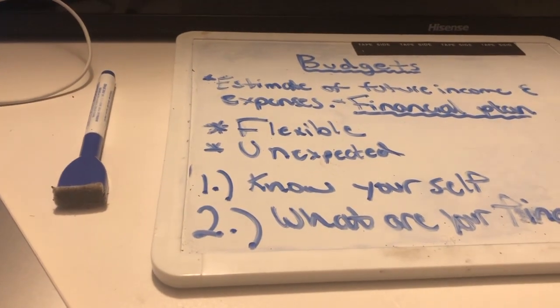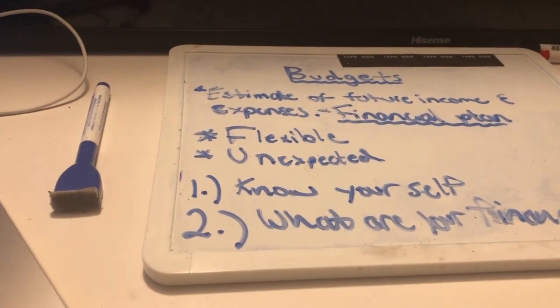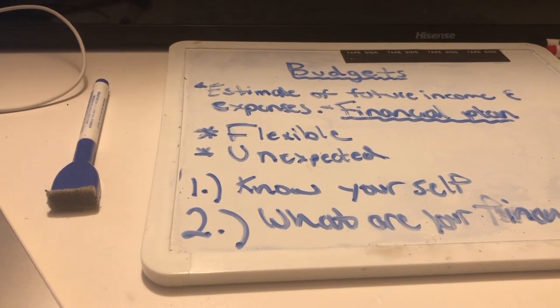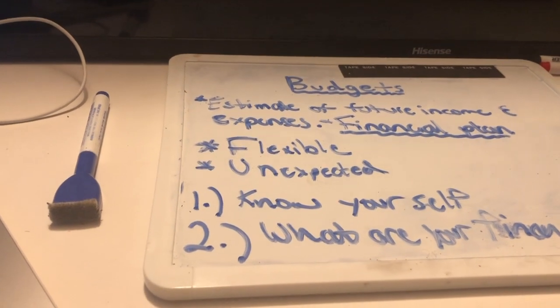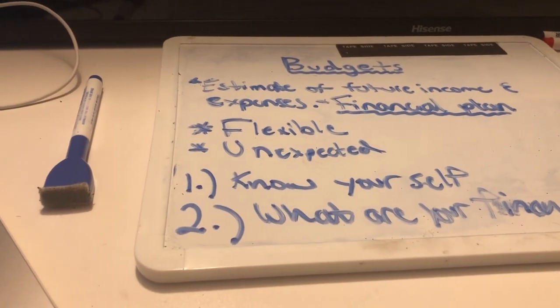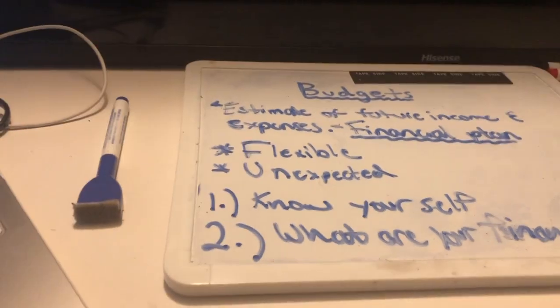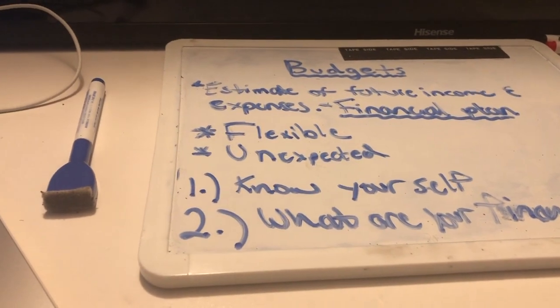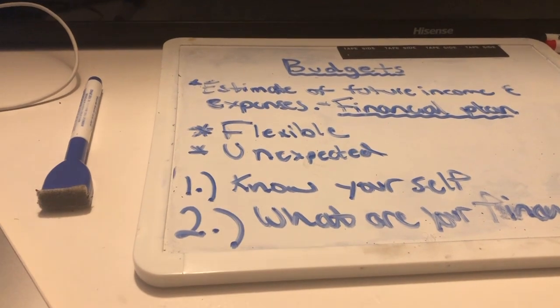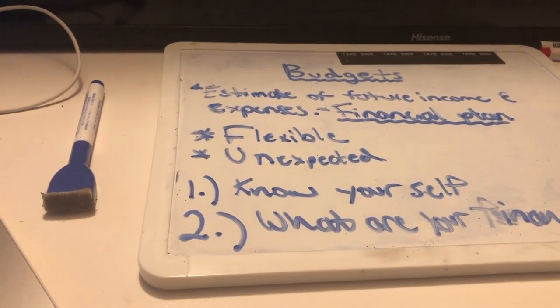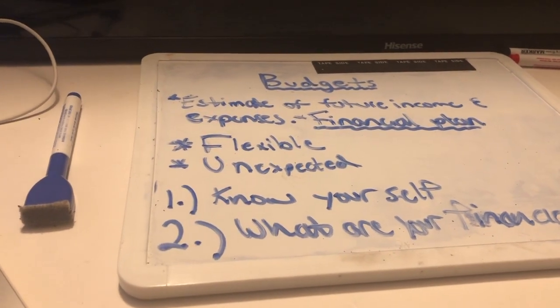Or unfortunately, if you lose your job, that can have a negative effect on your budget. Maybe buying the most expensive pasta might not be a good idea. You might buy lower end pasta or lower end foods, because you're not making an income right away.